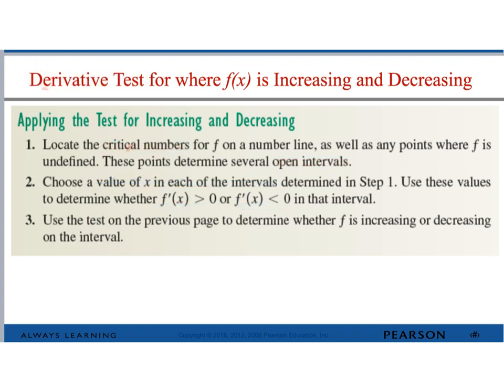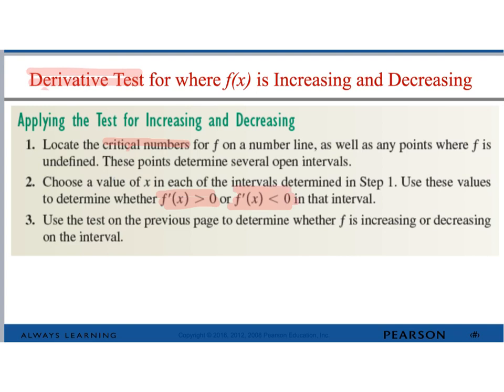So this is the actual derivative test that we're going to use. Our first step is going to be take the derivative, and then using that derivative, locate the critical numbers. Then you're going to choose an x value in each of the intervals from step 1 and decide whether or not the derivative is positive or it's negative.